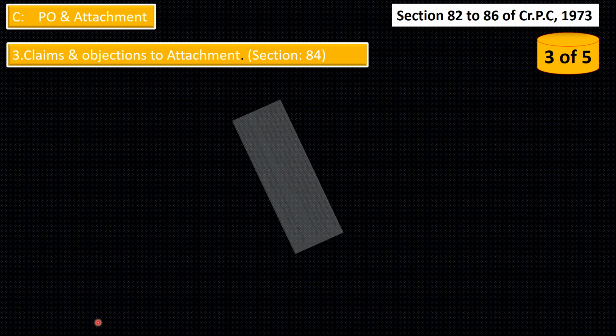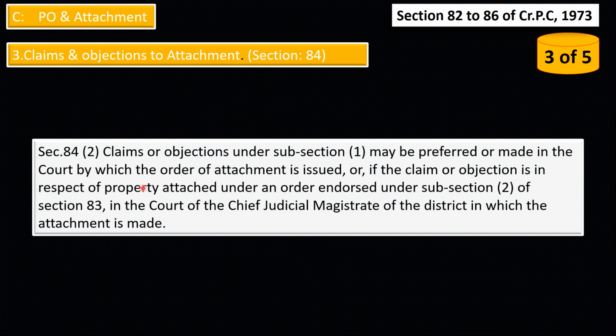Subsection 2 of section 84 says that claims or objections made under subsection 1 may be preferred or made in the court by which the order of attachment is issued, or, if the claim or objection is in respect of property attached under any order made under subsection 2 of section 83, in the court of the chief judicial magistrate of the district in which the attachment is made.